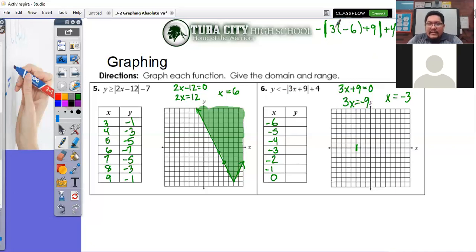Okay, so 3 times -6, that's going to be -18 plus 9 plus 4. And here I have -9, because I'm going to put these two together, -18 and +9. And here I'm going to have -9 plus 4.